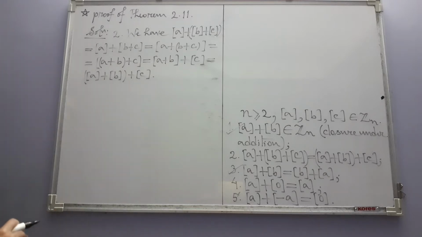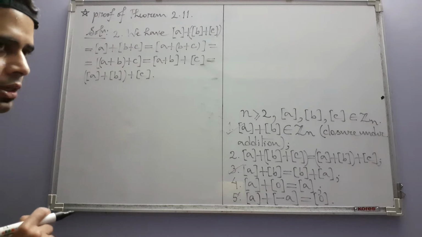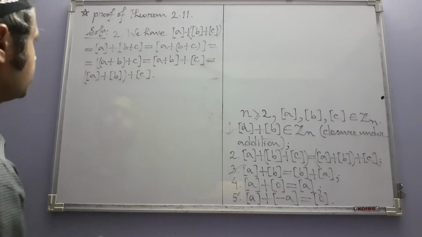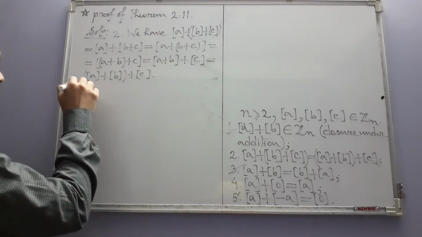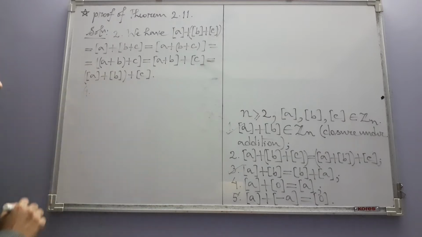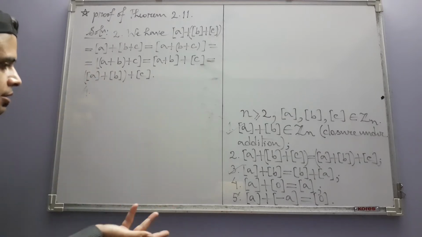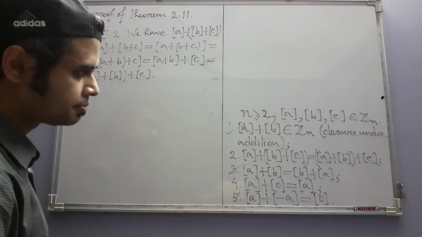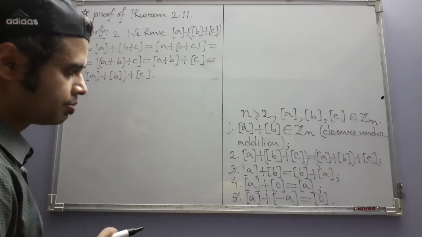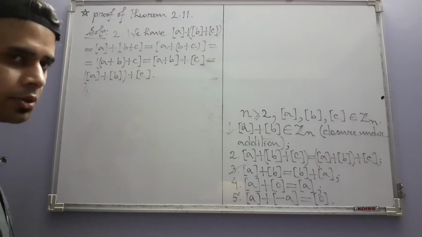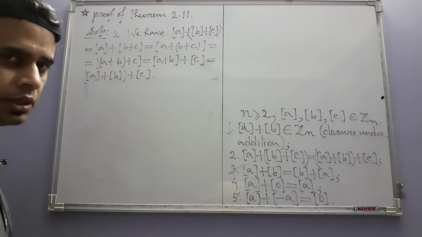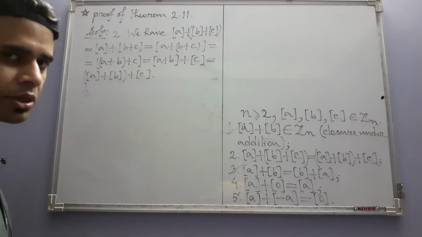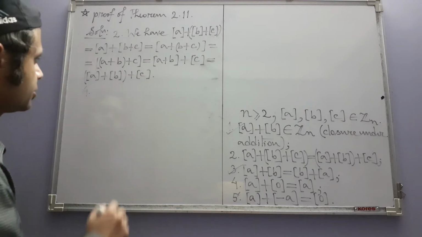Just like ordinary addition of integers, addition modulo n is also an associative operation. Then 4 is also extremely, in fact you can see that all of them are almost trivial. These properties are coming directly from the corresponding properties in the system of integers and its operations, ordinary addition and multiplication.